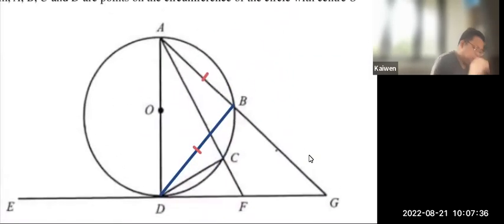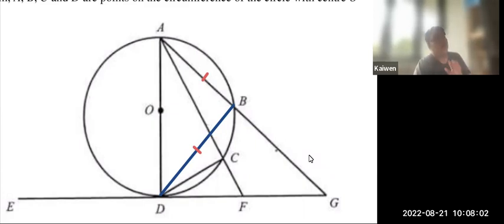Now, first thing is I'm going to establish one angle first before I claim my midpoint theorem, which is angle ADG. ADG is definitely 90 degrees. Why? Two reasons. Number one, EDFG is a tangent to the circle. Number two, OD is a radius, and therefore ODG is 90 degrees because tangent is perpendicular to your radius.